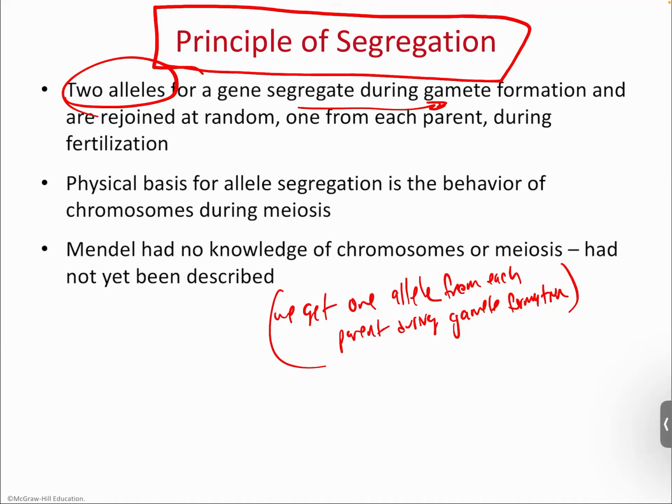So if you go white female, purple male, then you should see a consistent pattern of data, right? This suggests that you're getting one from each parent. In this case, you're getting white from the female and purple from the male, or vice versa. That's the reason why he did reciprocal crosses, for the testing of this principle of segregation and coming through parents.